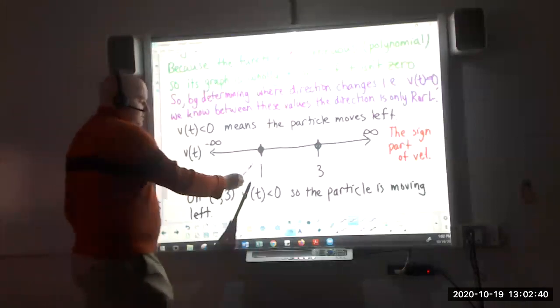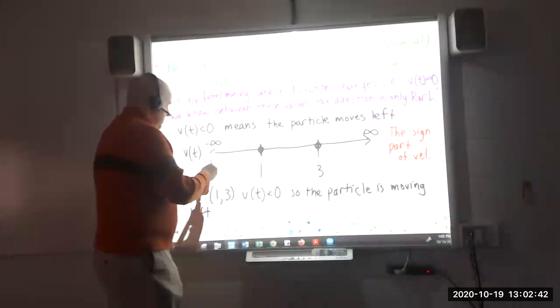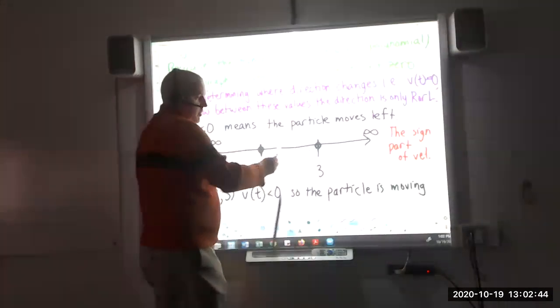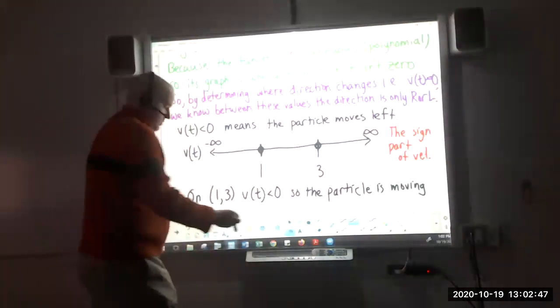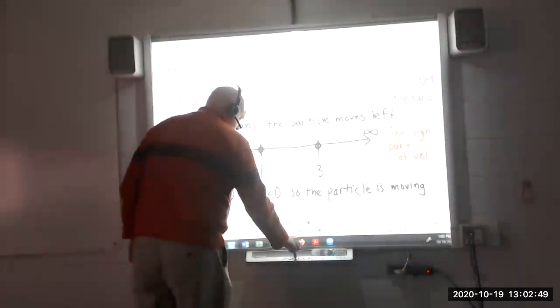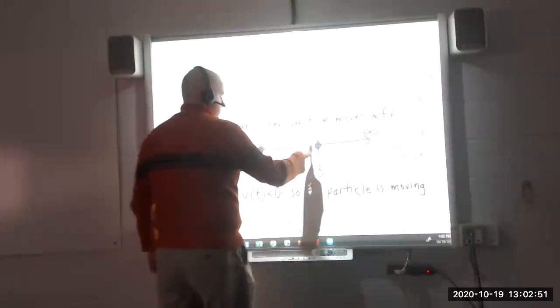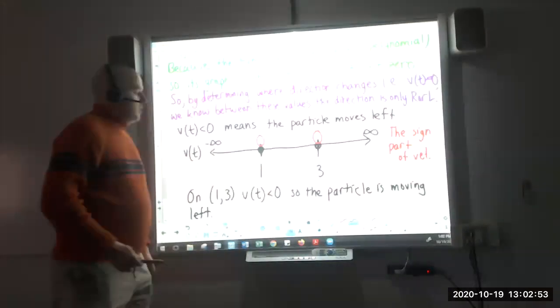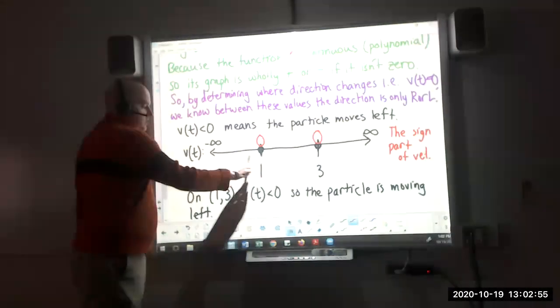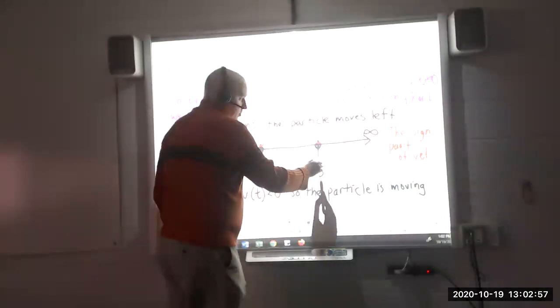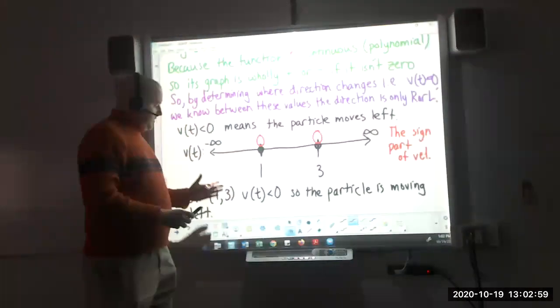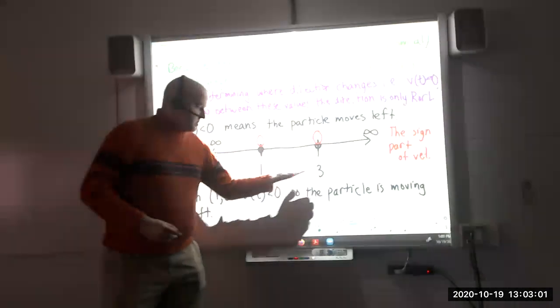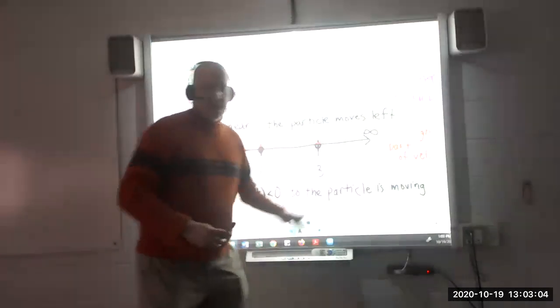So I know at t equals 1 and t equals 3, the velocity is 0, right? The velocity is 0 here. So the question is, what happens before 1, between 1 and 3, and after 3? This is either positive or negative. This is either positive or negative. This is either positive or negative.